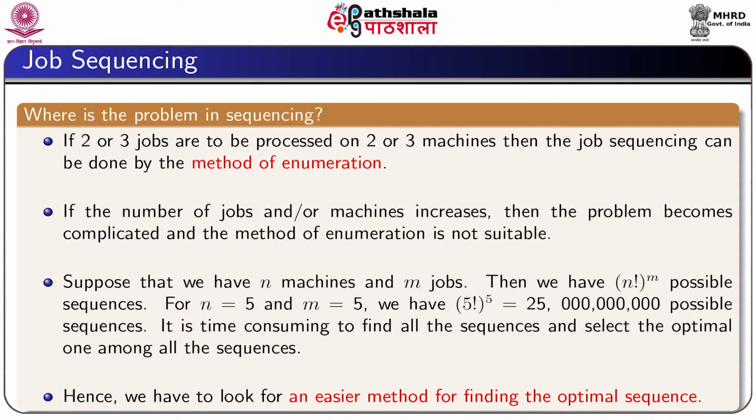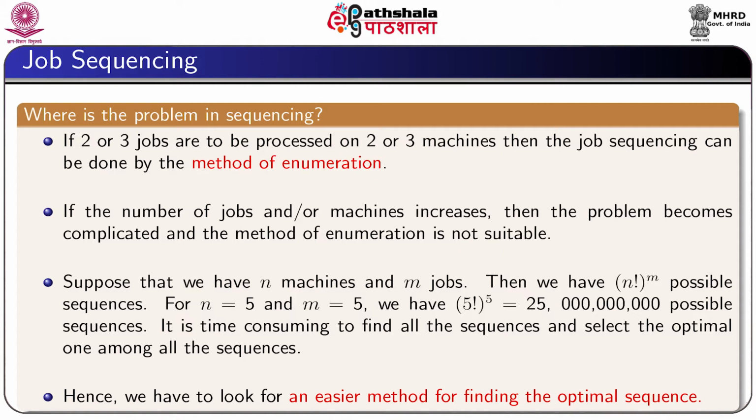The number of sequences here is very large. Therefore, it is time consuming to find all the sequences and select the optimal one among all these sequences. Hence, we have to go for an easier method for finding the optimal sequence.